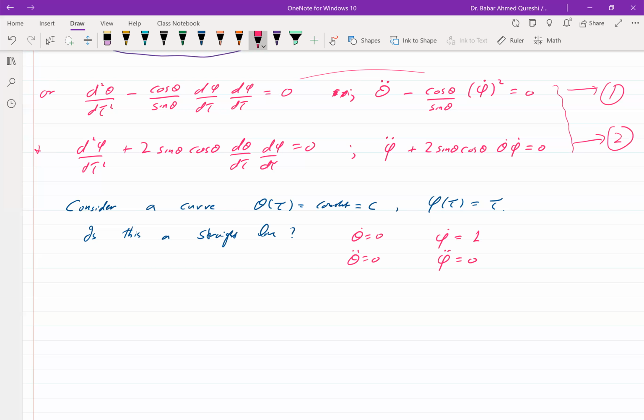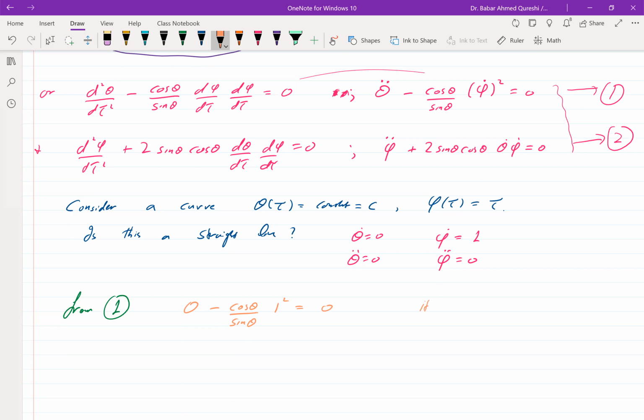So from 1, I have 0 because theta double dot is 0, minus cosine theta over sine theta phi dot is 1 square is equal to 0. Now this is not being satisfied.